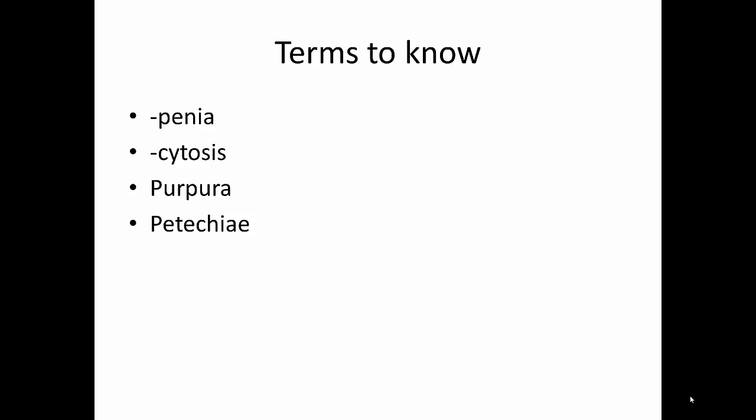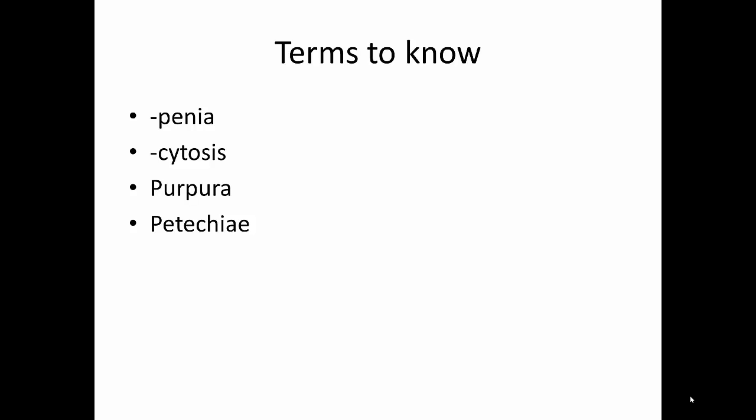So normochromic is going to mean they have normal color. They're the red color that they're supposed to be. What about normocytic? Cytic means size. So normal cell. So if we have normocytic, they're the normal size. If we have hypocytic, then they're small.